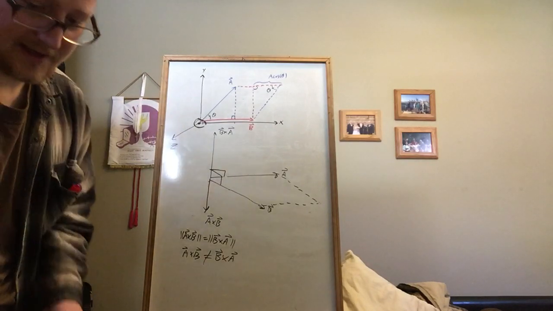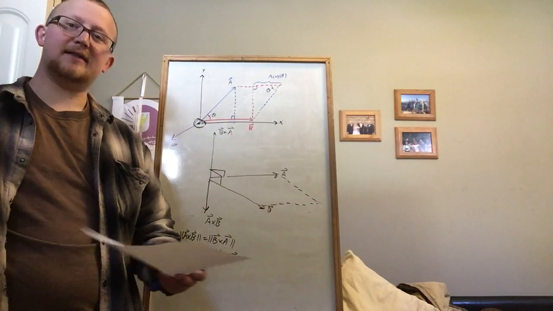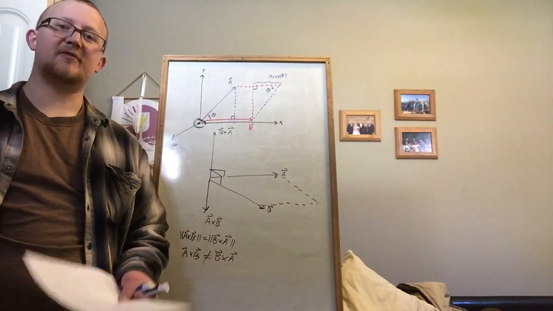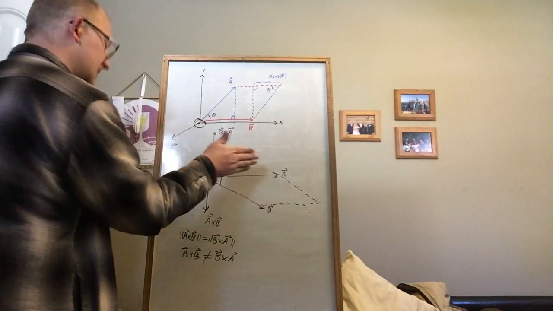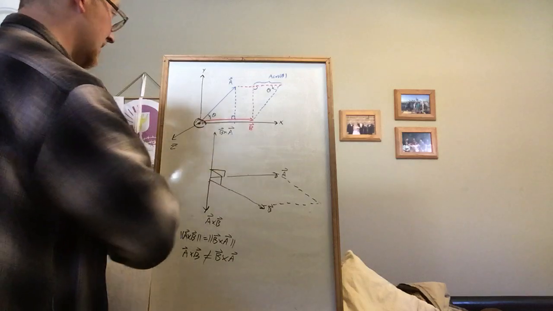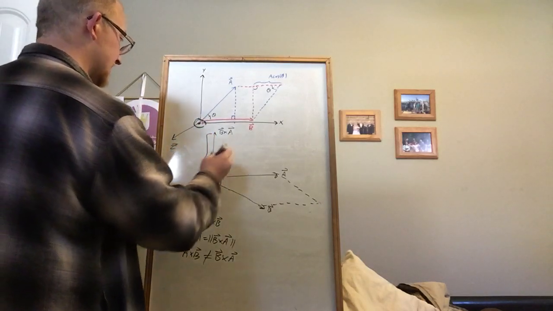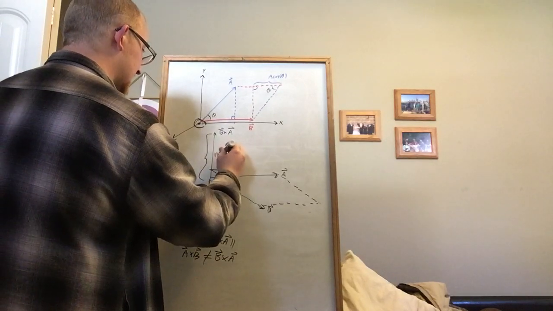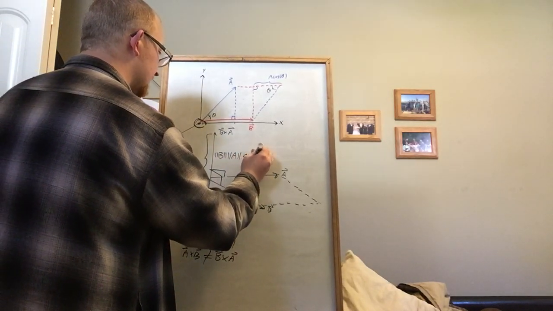Alright, I need to go over a method. Just like with the dot product, we had a method using trigonometry to find the value. So in this case, you would just say B cross A, and I know that the length of this is going to be magnitude of B times the magnitude of A times sine theta.